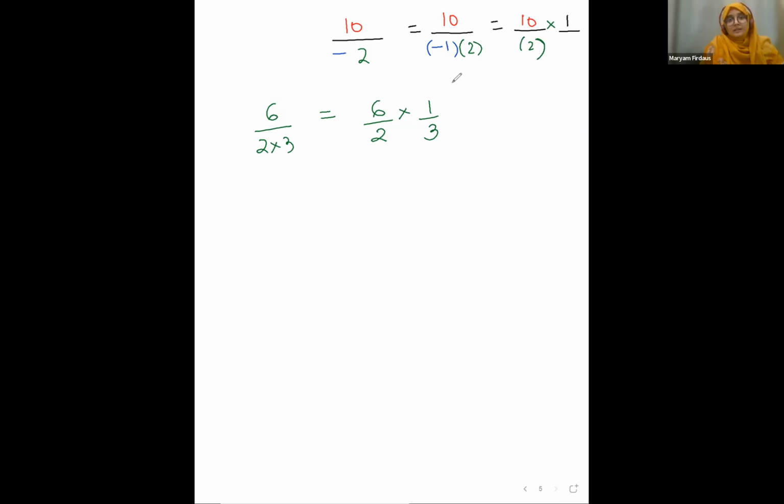Can I say that? I just separated the 2 and the 1, just like we did here. I can say that, right? Yeah. Okay. So now can I say that this is equal to, wait, let me just put this whole thing.